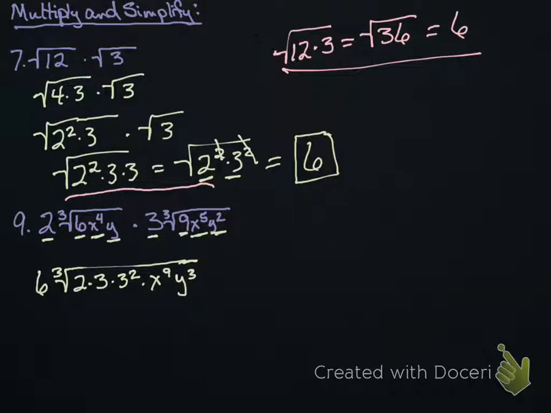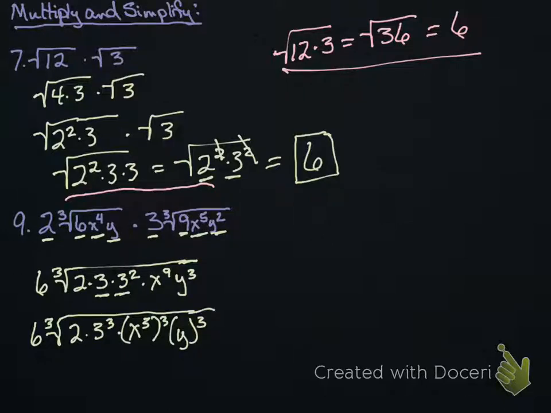So I've still got that 6 out there. I'm going to combine some things real quick. That's 2 times 3 squared, which is 3 to the 3rd power, times x to the 9, which is x cubed, and then y cubed is y cubed. My radical and my exponents are both 3, so we can do some canceling here. I'm going to bring out some things.